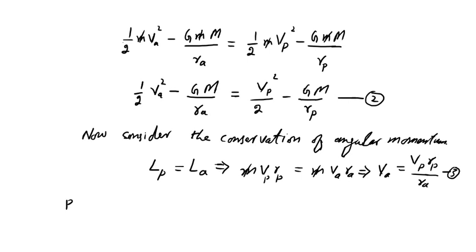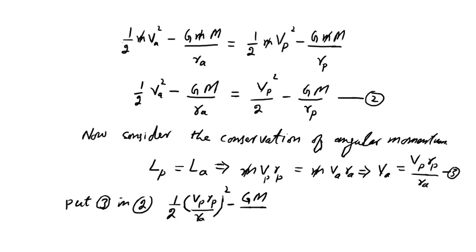Now put equation number 3 in 2, so we can get half, Va is now Vp Rp divided by Ra, so this is replaced with this, minus G capital M divided by Ra, that will be equal to Vp squared divided by 2 minus G capital M divided by Rp.